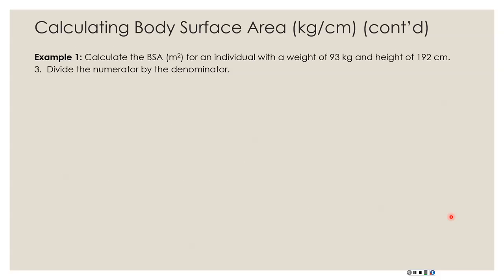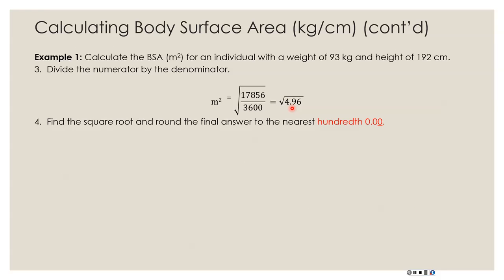When we look at our next step, then you're going to divide the numerator by the denominator. So you would take 17,856 divided by 3,600, and that gives you 4.96. And then you want to find the square root and round the final answer to the nearest hundredth. This is where we said in the Dakota Nursing Program math guidelines it was a little bit different for body surface area, because most of the times you'll round to the nearest tenth.